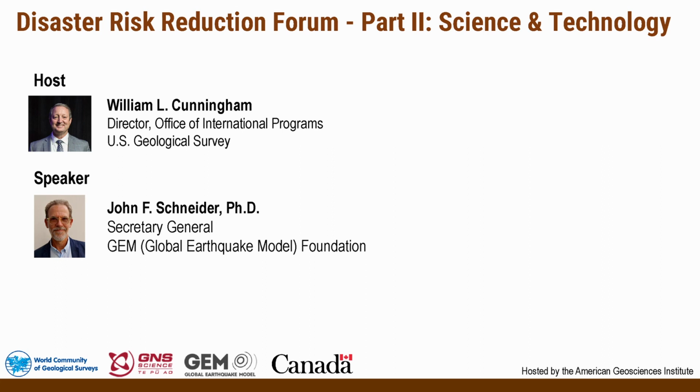So that information is then involved with the hazard information. So if there's enough information about any structure, we can provide an estimate of the potential loss in any given earthquake.